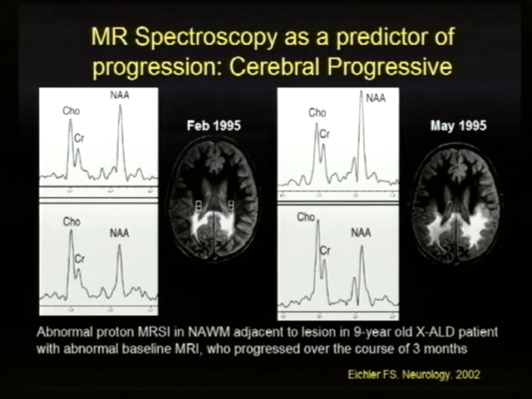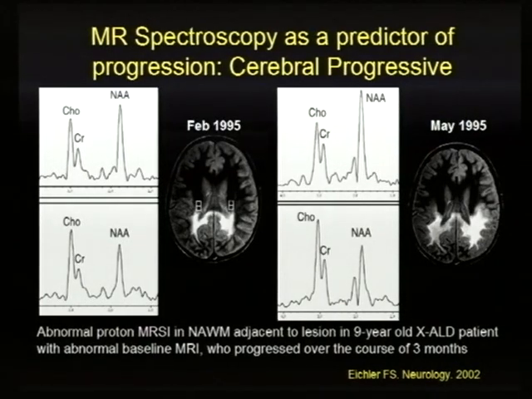What we have found, when we look at the magnetic resonance spectroscopy in those areas right next to the abnormal myelin, is that in some patients the spectroscopy is abnormal in the region right next to the myelin that is definitively abnormal by MRI. This is such a patient. Now, both of these areas, which look normal under MRI, are abnormal under spectroscopy.